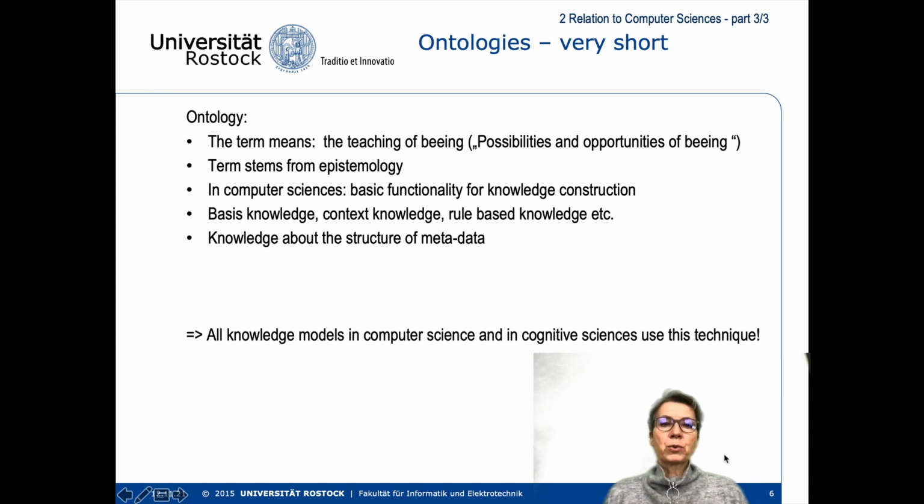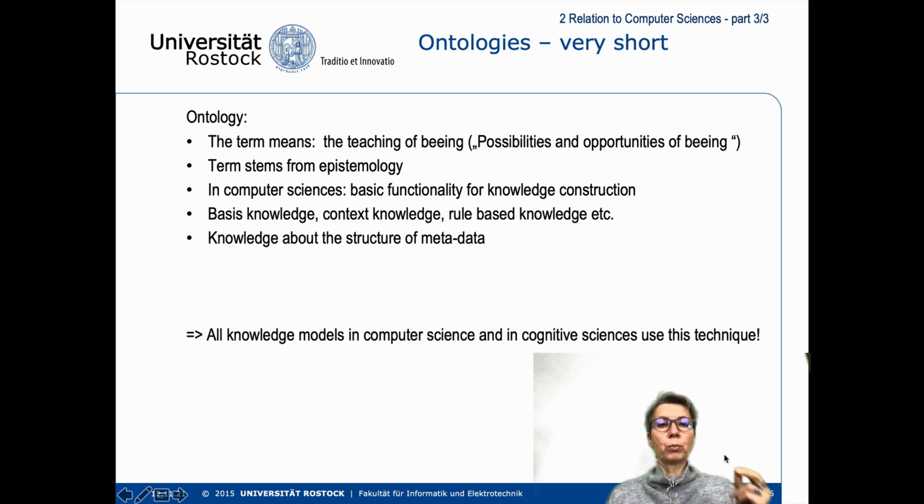The term stems from the field of epistemology. However, in computer science, the term is used in a completely different way. Here also, it is meant to teach the abilities and opportunities, or possibilities, of being. But what is meant here in computer science is that we use this as the basic functionality for knowledge construction, which means, from the philosophical point of view, a very, very sharp reduction of everything.